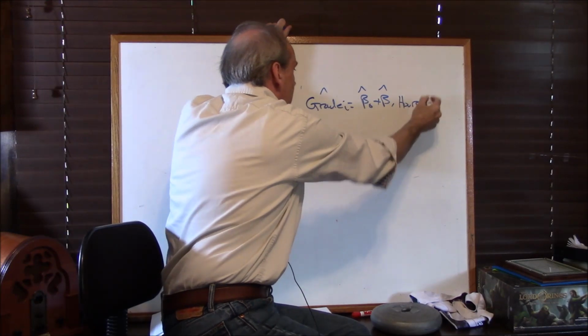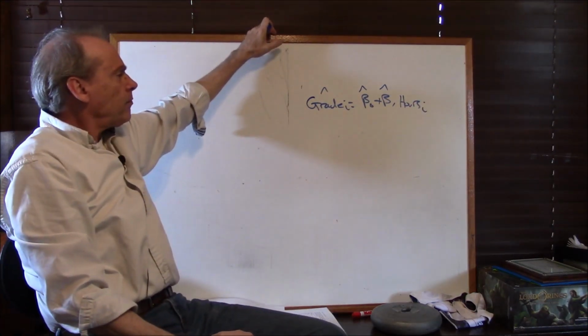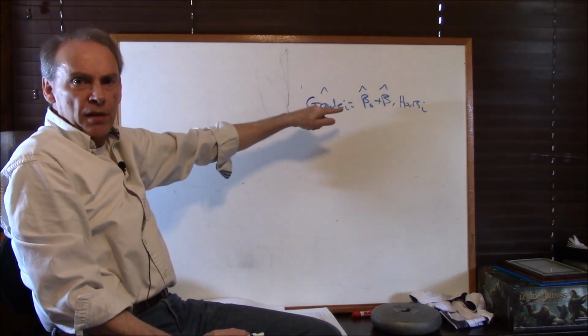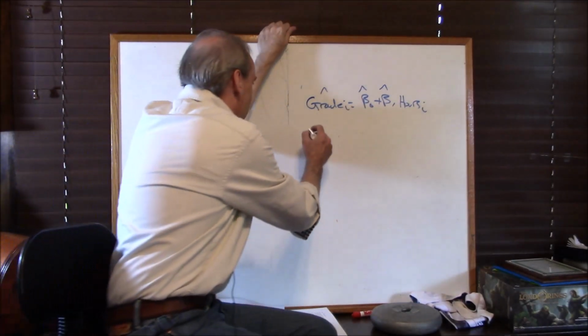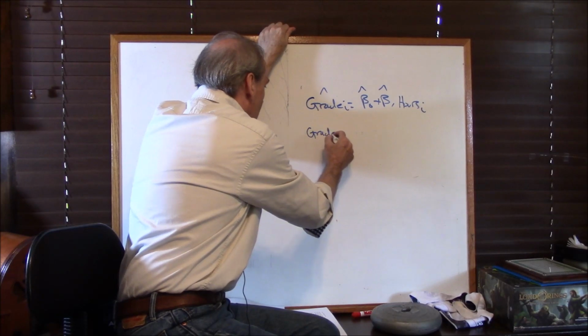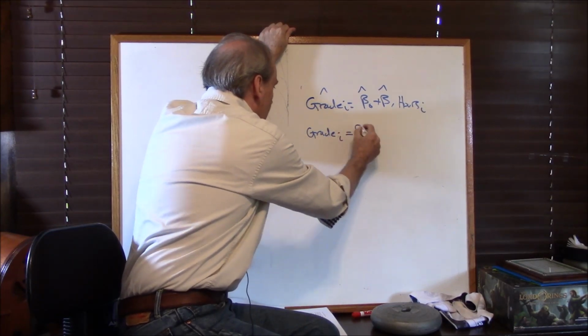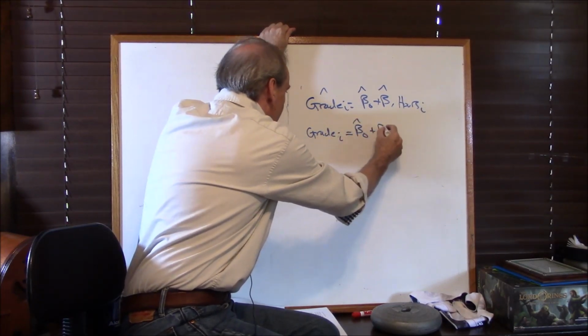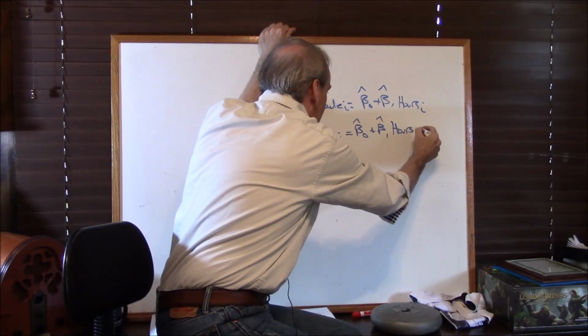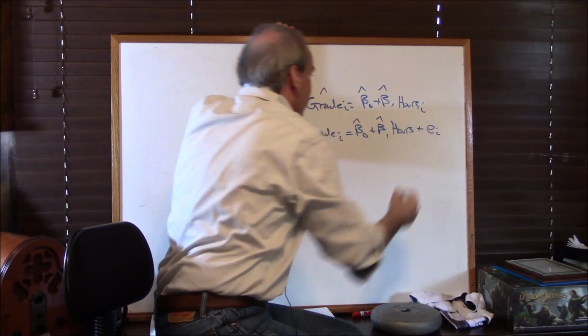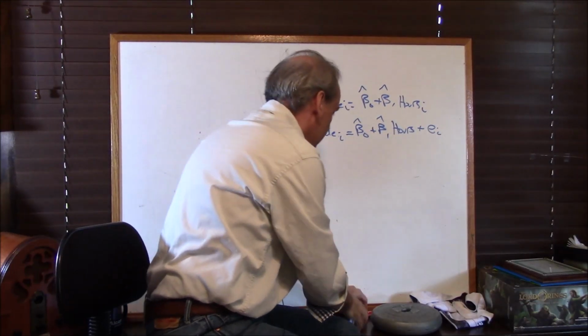Hat, sub I. Okay. So grade sub I is equal to this, right? As we've been trying to drive home here. What if I wrote just grade on the left? Am I allowed to do that? Well, I am, because I'm the instructor.